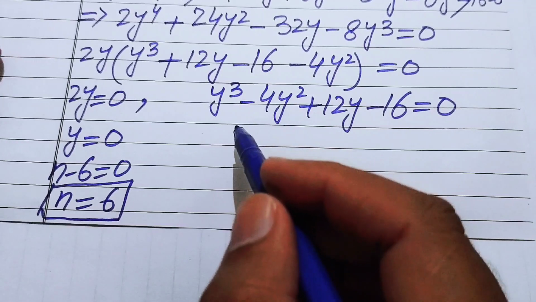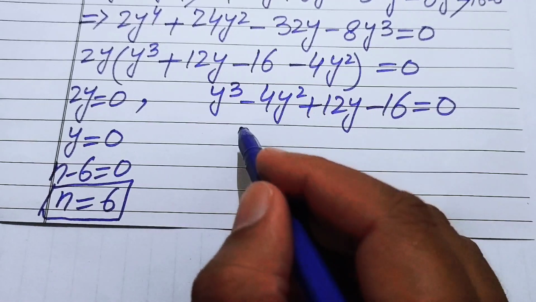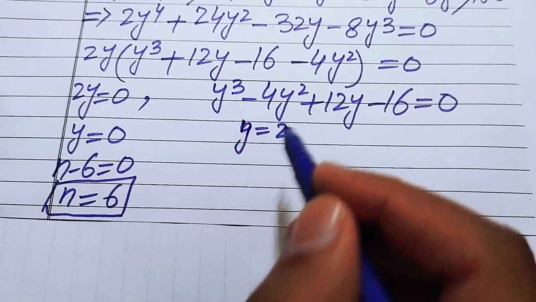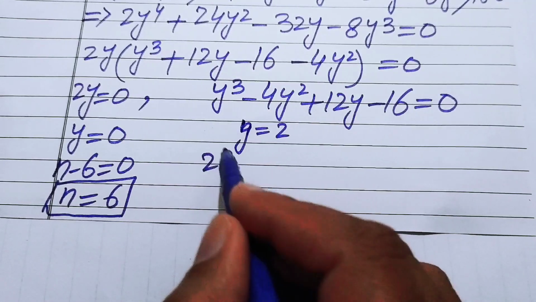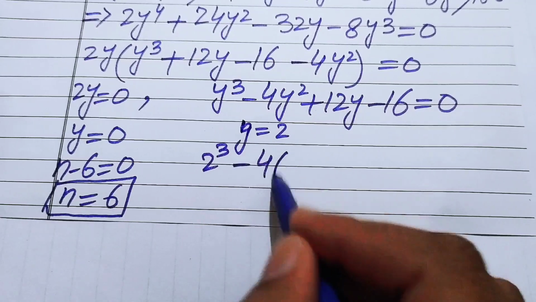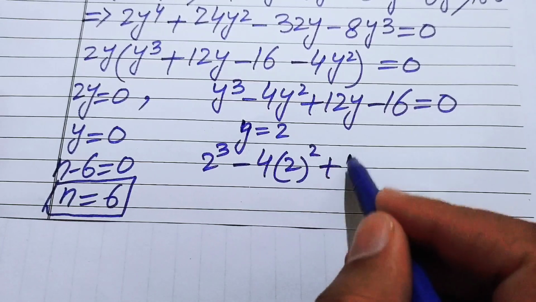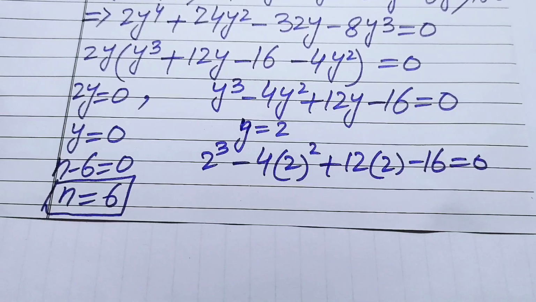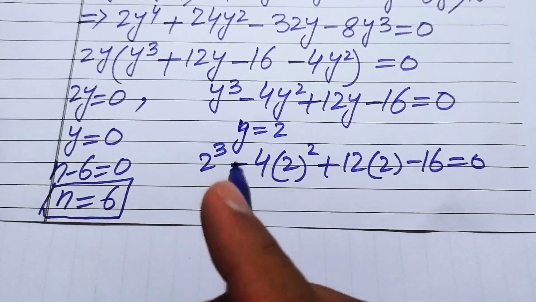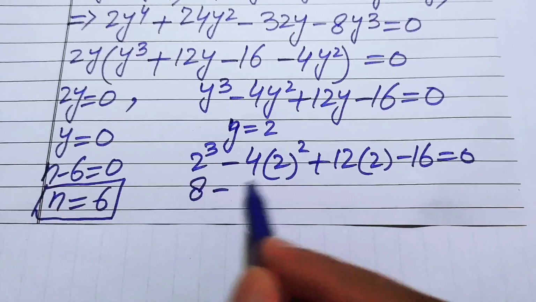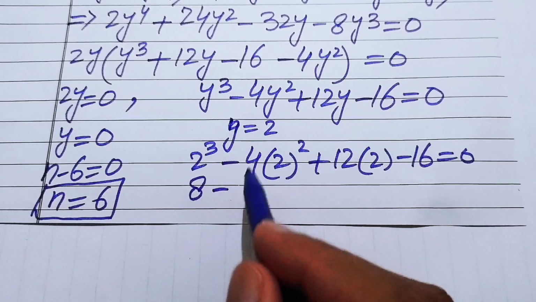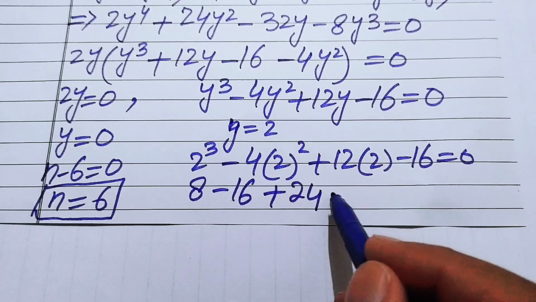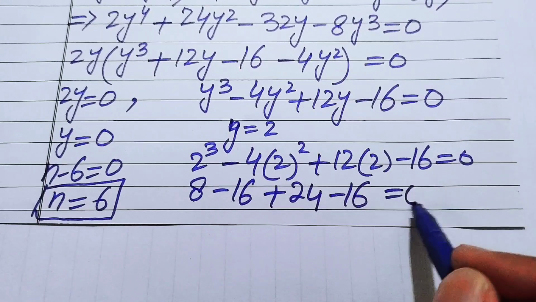First I can find a root of this equation. Let me put y equals 2, and you check that 2 cubed minus 4 times 2 squared plus 12 times 2 minus 16 equals 0. When you simplify these terms, you get 8 minus, 2 squared is 4, and 4 times 4 is 16, and 12 times 2 becomes 24, and this is minus 16, equals 0.